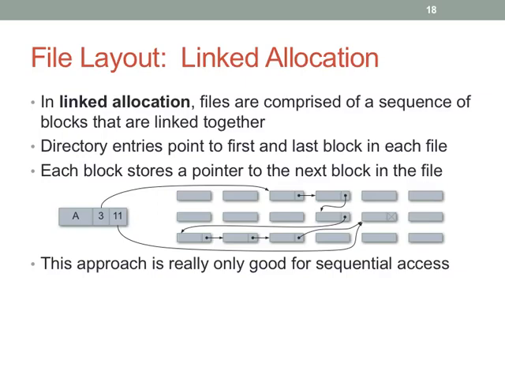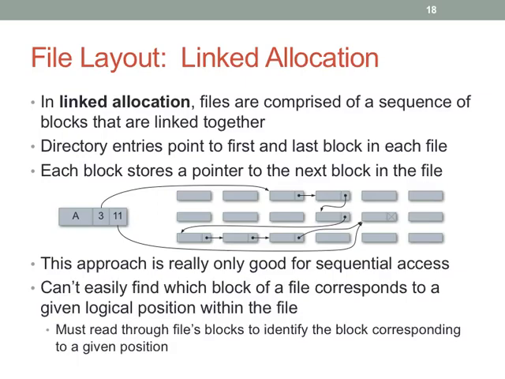I have to keep track of how far I've gone until I get to the block that lives on the disk that actually has the offset 8,000. So I have to walk through this, and since I'm walking through this, I'm doing a whole bunch of seeks and a whole bunch of reads. So this is not really efficient for direct access. This is only efficient for sequential access.